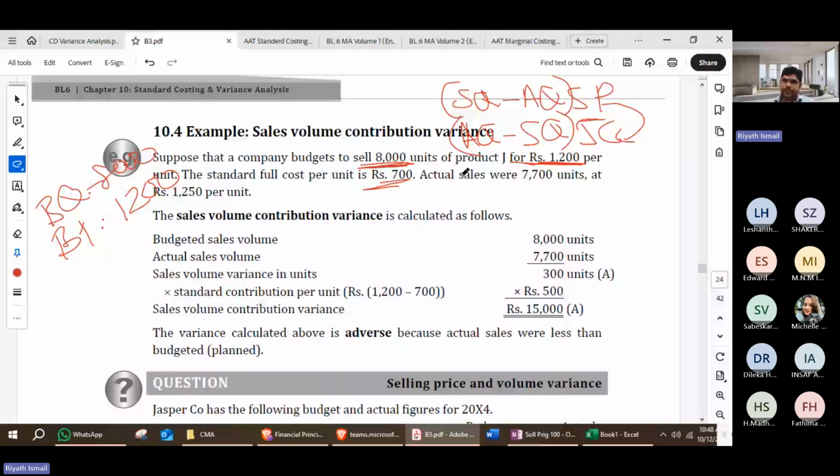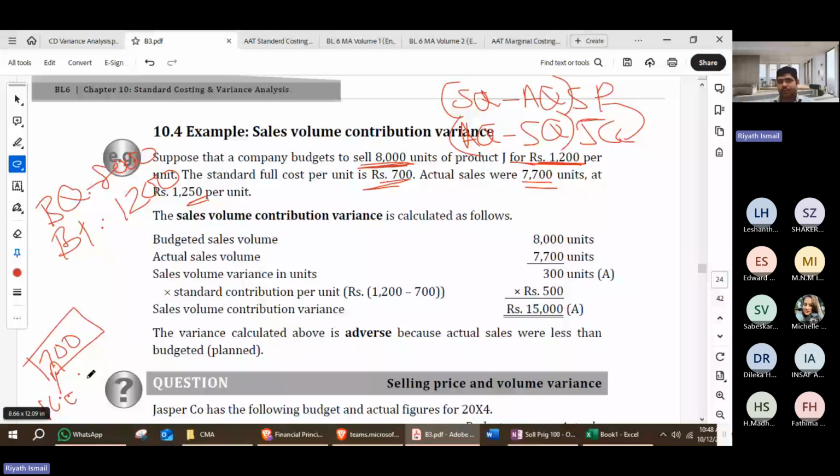The actual sales were 7,700 at rupees 1,250. The standard cost is 700. Then there are two selling prices. We need only the variable cost at standard.